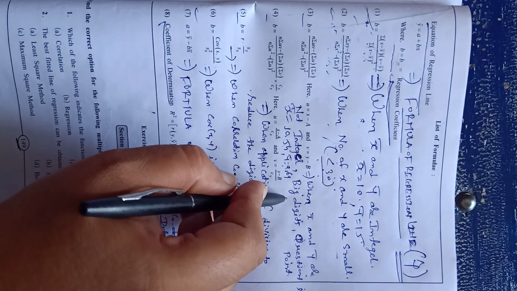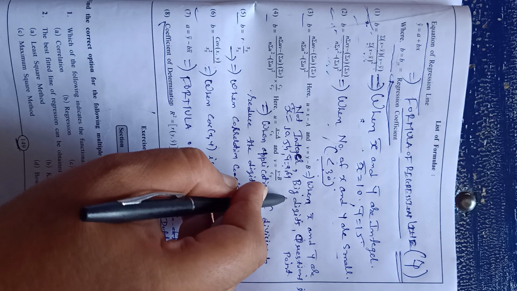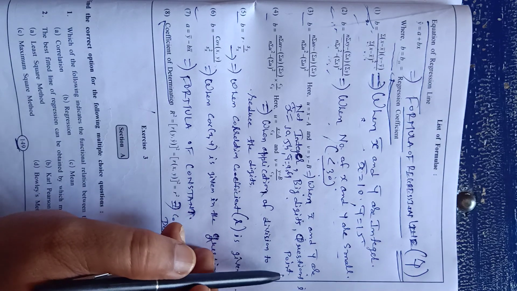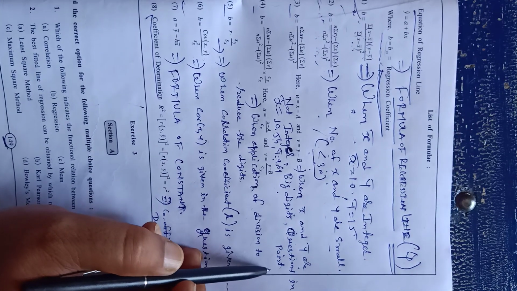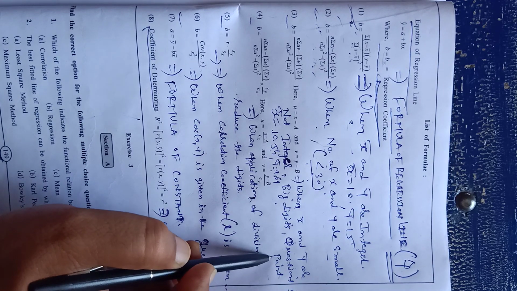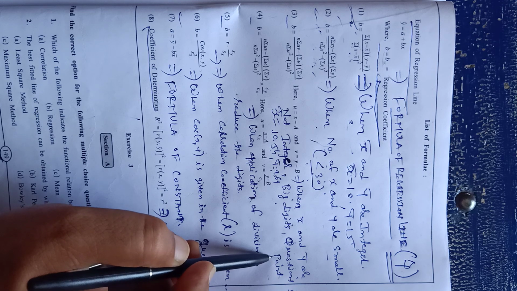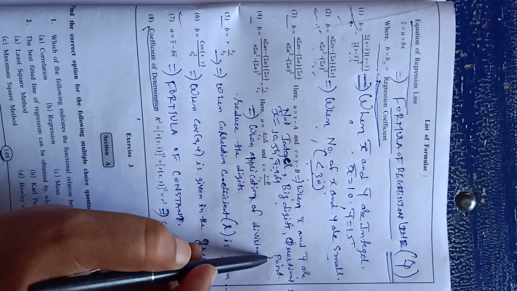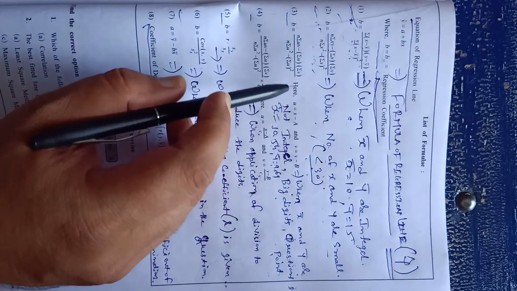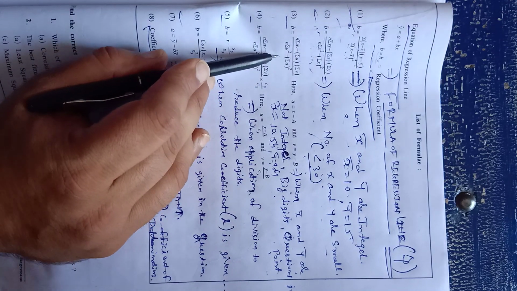Sometimes very big digits are there, like 1500, 2000, 5000, 10,000, and sometimes the question is provided in points, like 0.465, 0.487, 0.587. At that time also we have to apply the UV method.